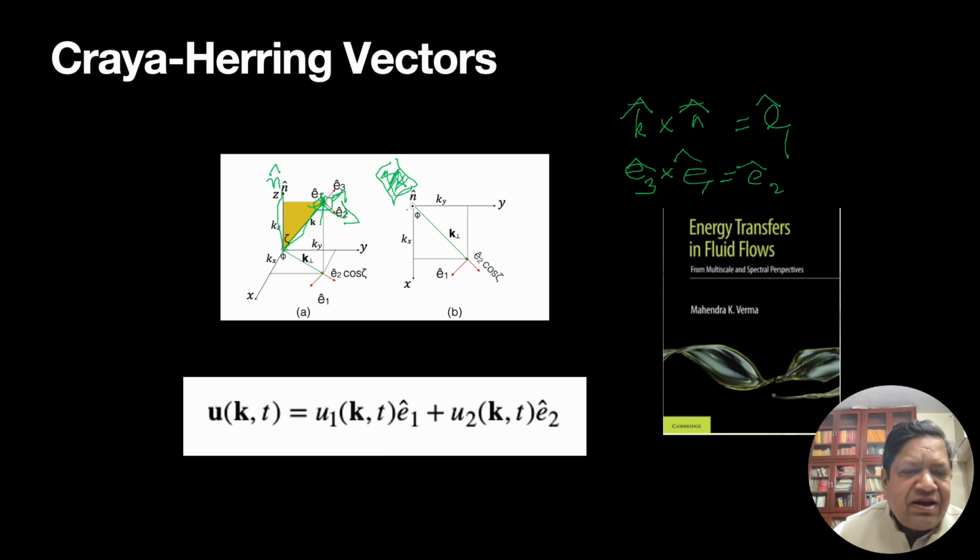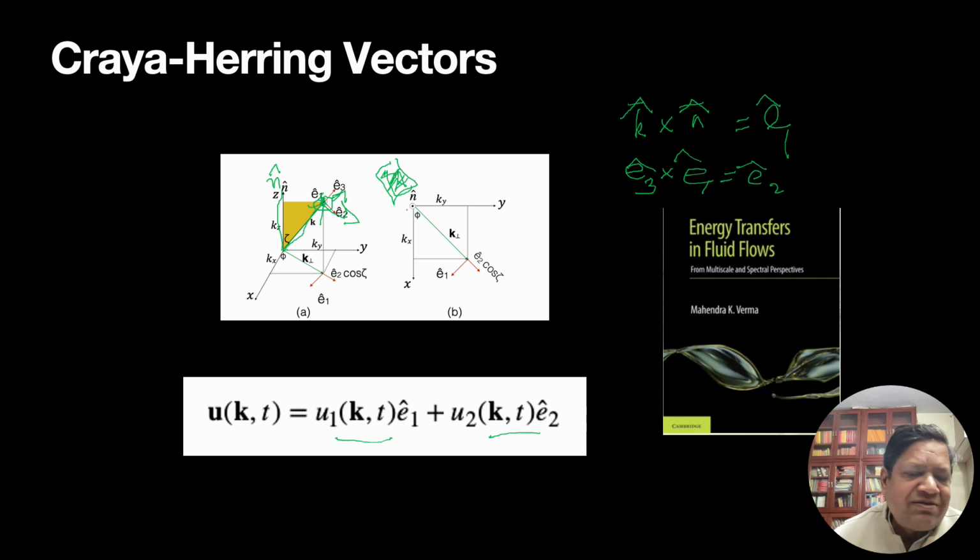So in 3D we can write any incompressible vector u(k) as a combination u1 e1 plus u2 e2. There are only two components and they are independent, since e1 and e2 are orthogonal and independent.